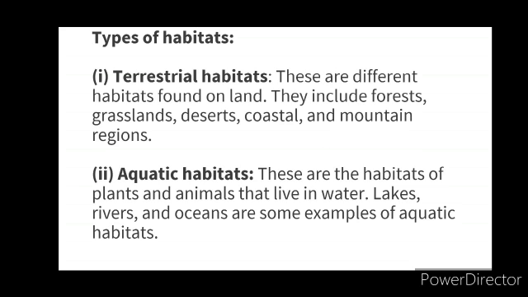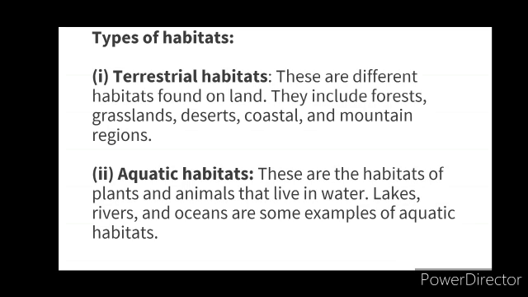Next we are going to know types of habitats. There are two kinds of habitats: one is terrestrial habitats, another one is aquatic habitats. Terrestrial habitats are the different habitats found on land.